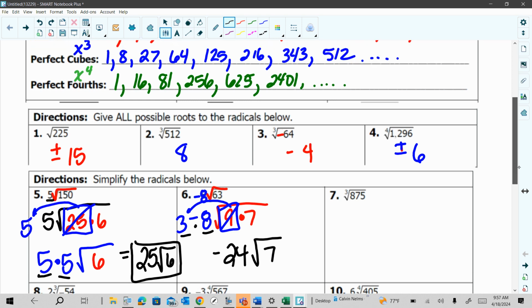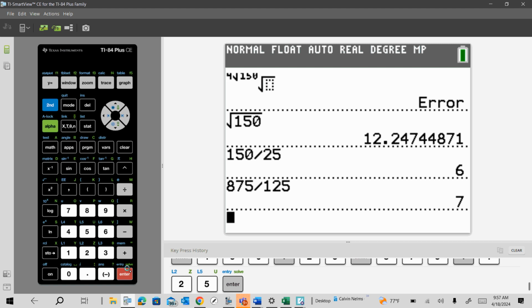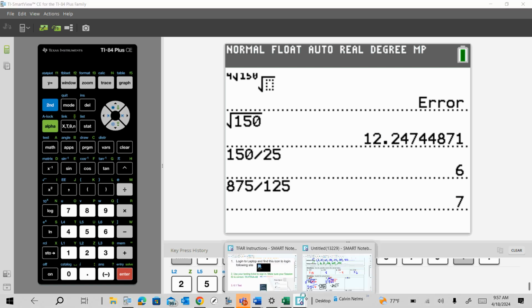All right, so now they want us to do the cube root. Okay. So now I need to look at this next row. And 875 is not a perfect cube, but what number in the middle row could go into 875? Yeah. So you would just go through and divide them by the numbers in the row. Yep. And make sure it divides evenly.